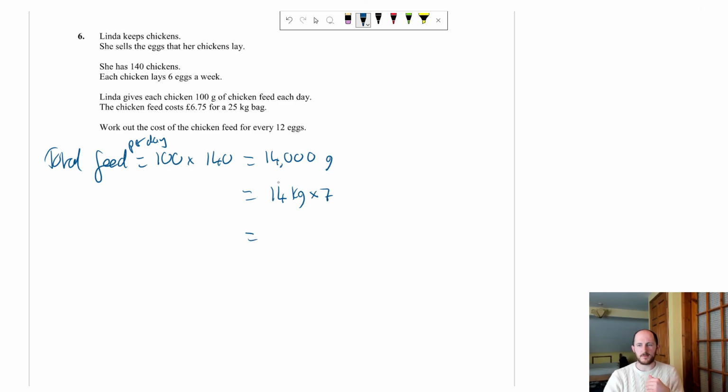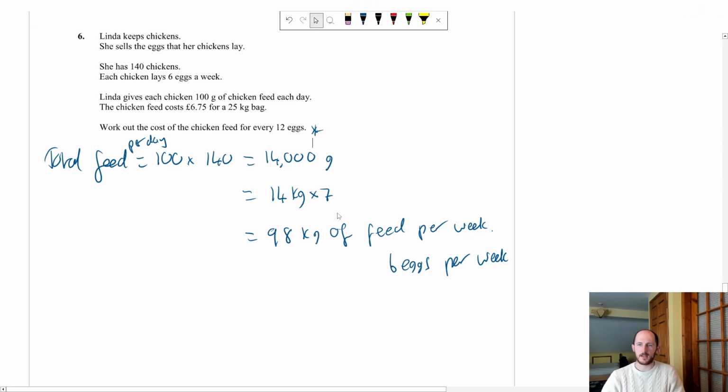That would probably be my strategy here, which would be 98 kilograms of feed per week. And the reason why I do that is because each week there are 6 eggs. So I can more easily compare it to the total cost of chicken feed for every 12 eggs.